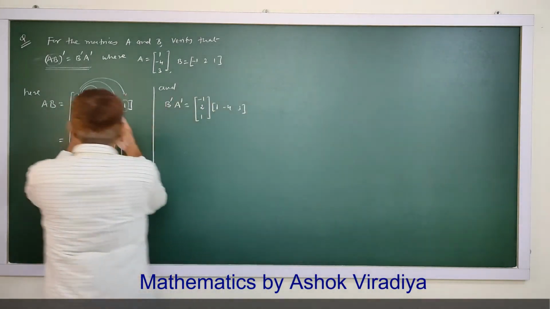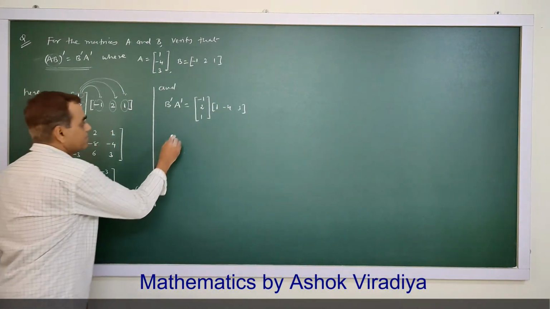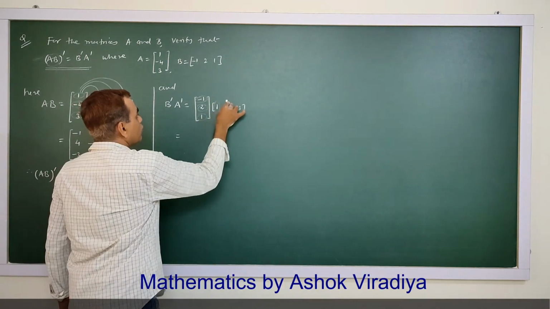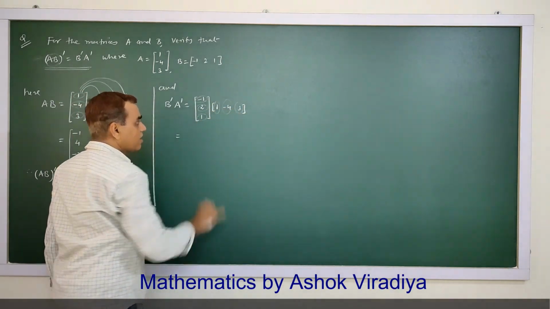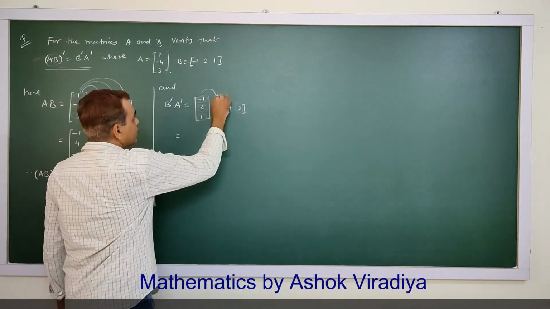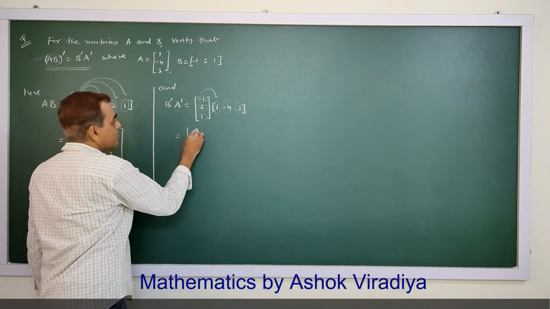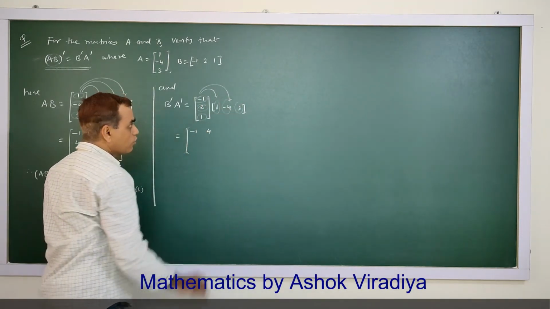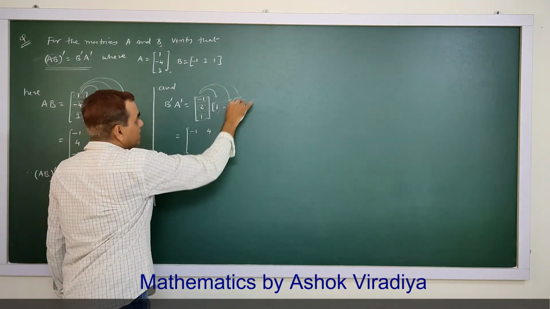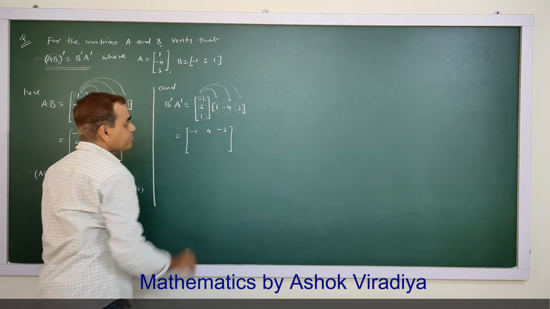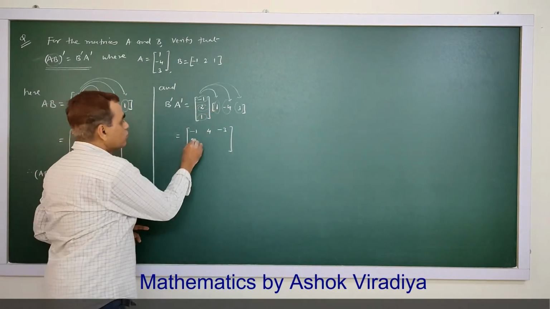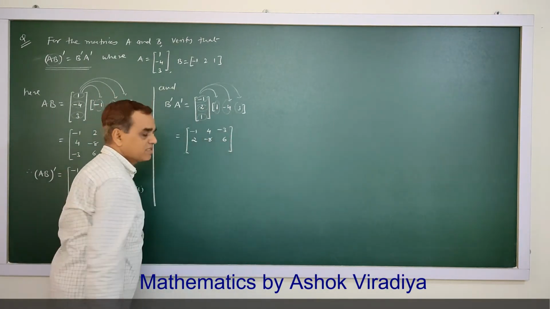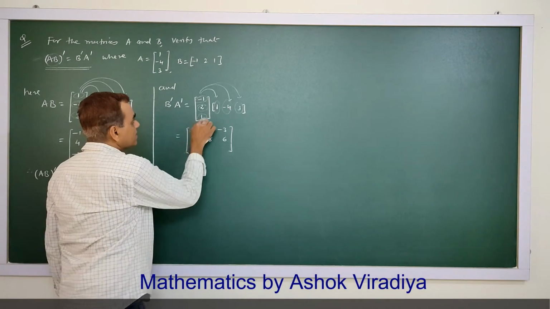And now multiplying by this method, taking circles over rows and here in columns. So here minus 1 into 1 is minus 1. Minus 1 into minus 4 is 4. Minus 1 into 3 is minus 3. 2 into 1 is 2. 2 into minus 4 is minus 8. 6. 1 into 1 is 1.